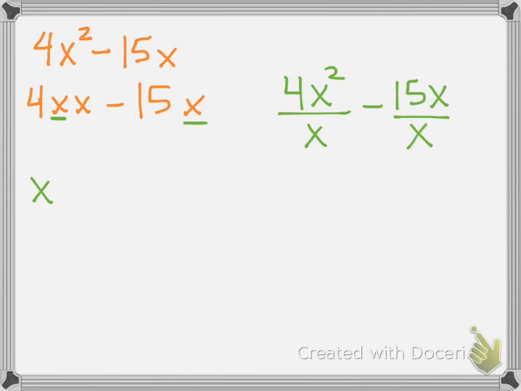So then your answer, when you take an x out, that's what we decided our greatest common factor was, x. You take it out, you divide it, so you're left with 4x, and then you divide it, minus 15. So this is as simple as it goes. This is the factoring of this problem.